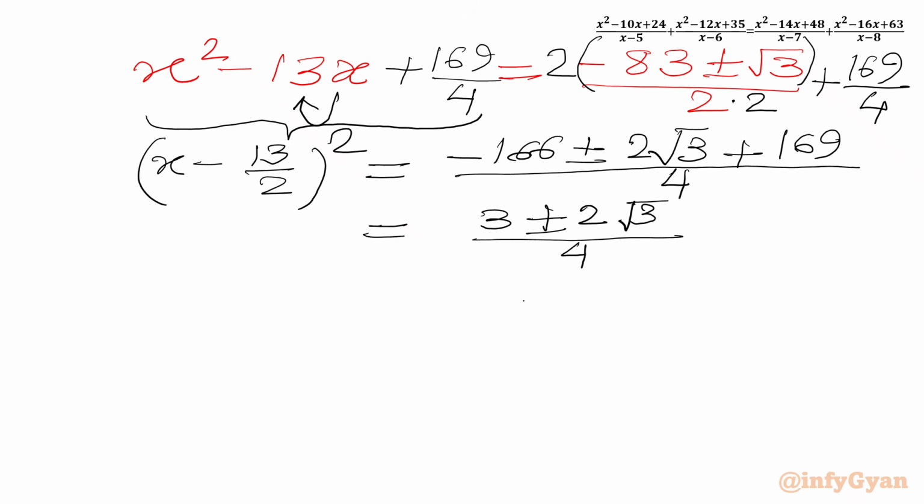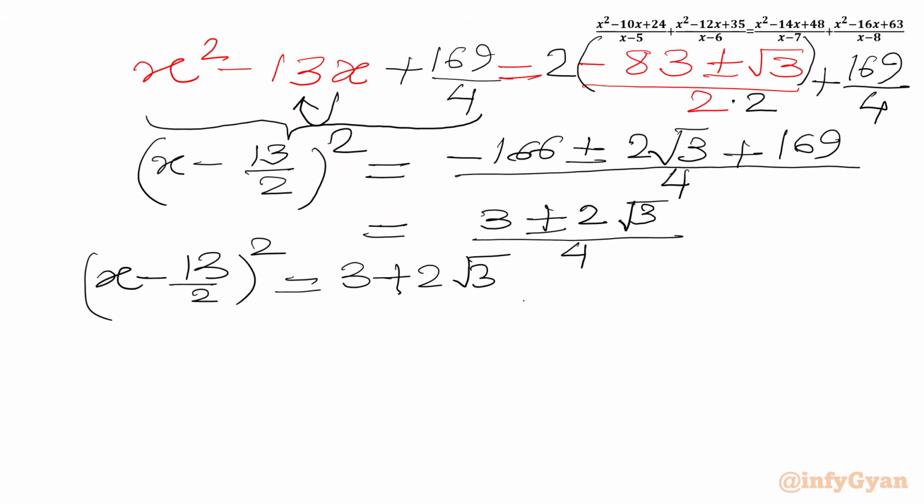Now I will write both the values here. (x - 13/2)² equal to (3 + 2 square root 3)/4 and (3 - 2 square root 3)/4. Now root 3 is 1.732.